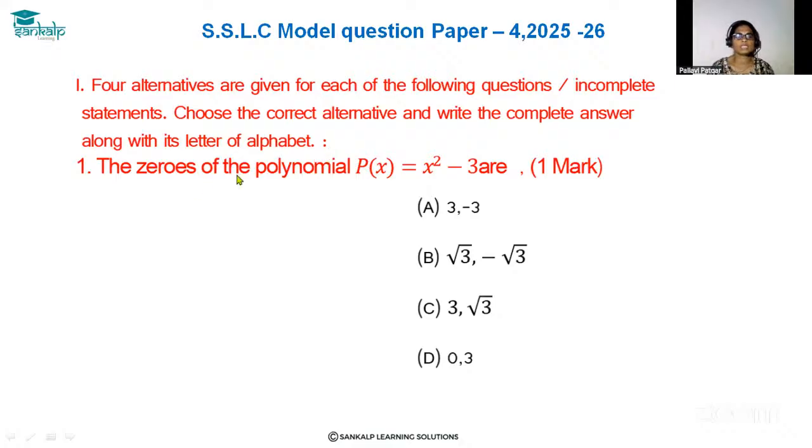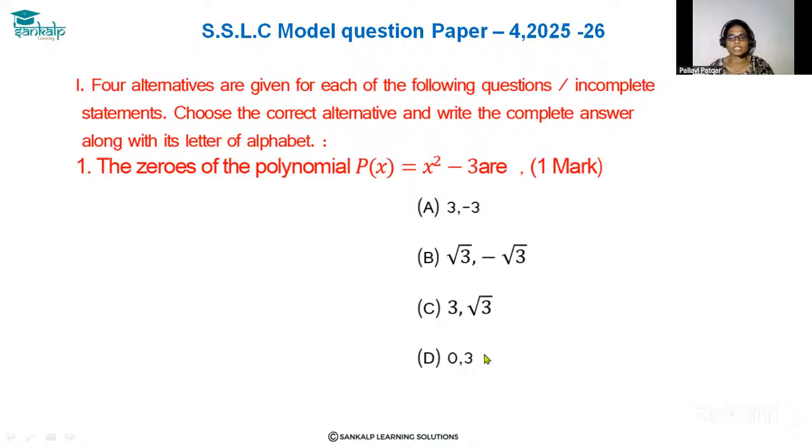The zeros of the polynomial p of x is equal to x square minus 3. See the options: A, 3 comma minus 3; B, root 3 comma minus root 3; C, 3 comma root 3; D, 0 comma 3.